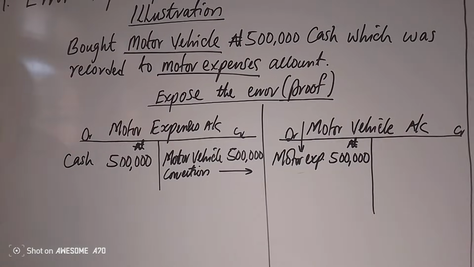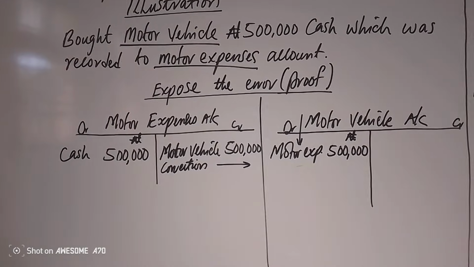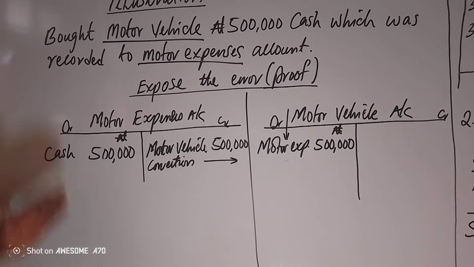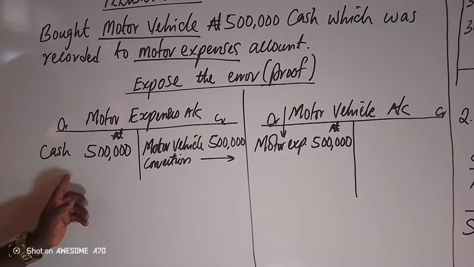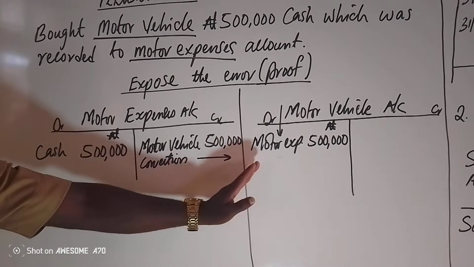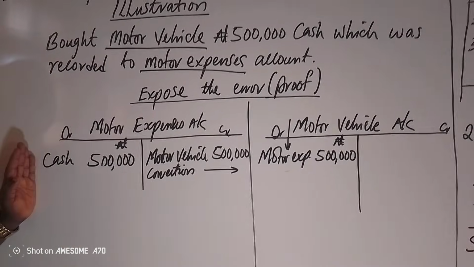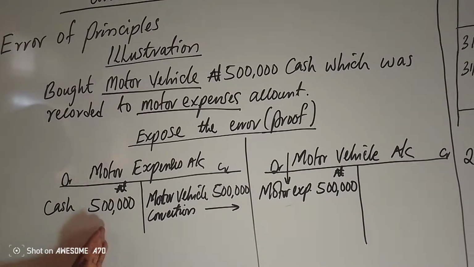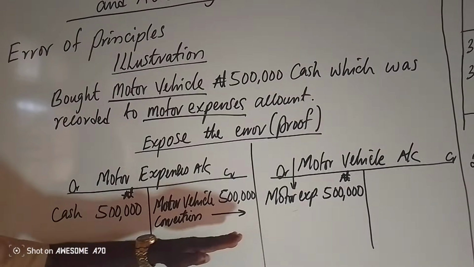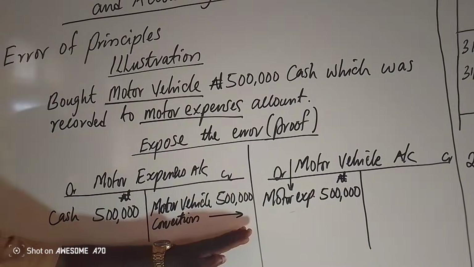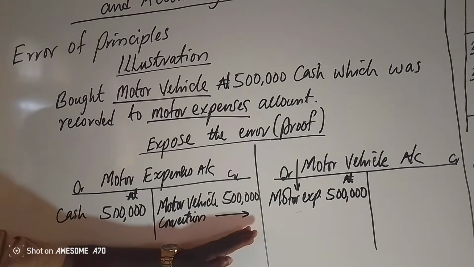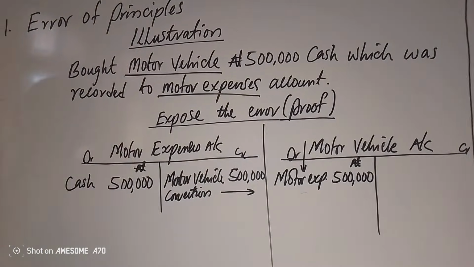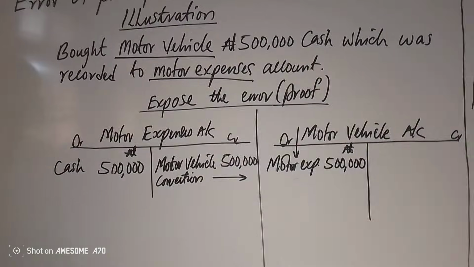So in accounting, as I explained earlier, if you want to correct the error, it's not to come and cancel the mistake that happened. No. In this case, you post the same amount on the opposite side. Like here, 500,000 is found in the debit side of motor expense account. So by posting the same 500,000 in the credit side of motor expense account, this posting will cancel itself by way of balancing.